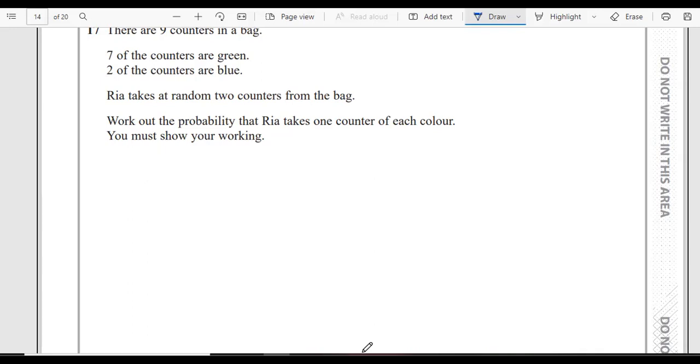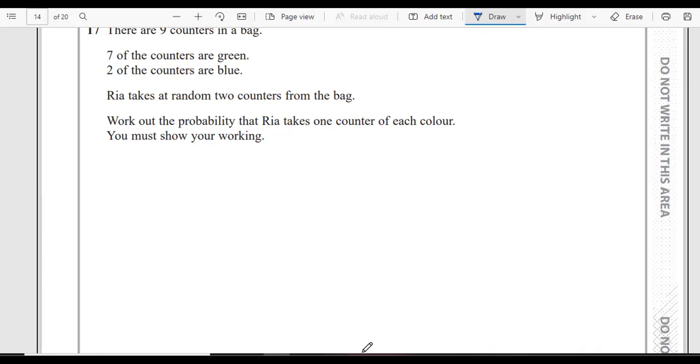Oh wait, is it not replacement? I didn't know. Okay, and then you have multiplied that and now add it as well. Yeah, exactly. And now do this for without replacement.